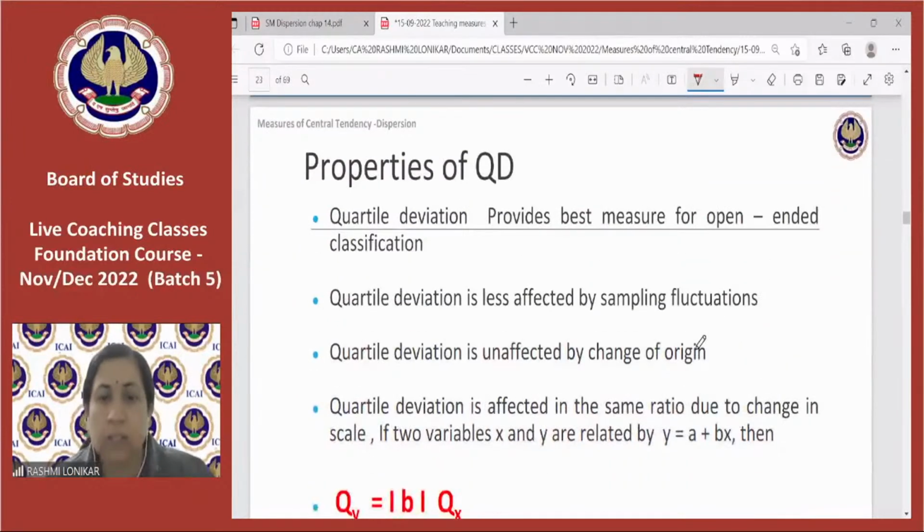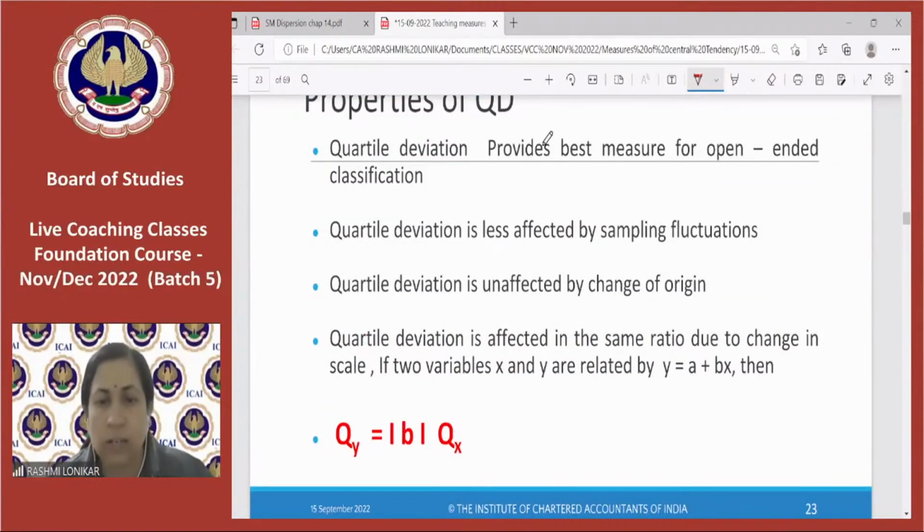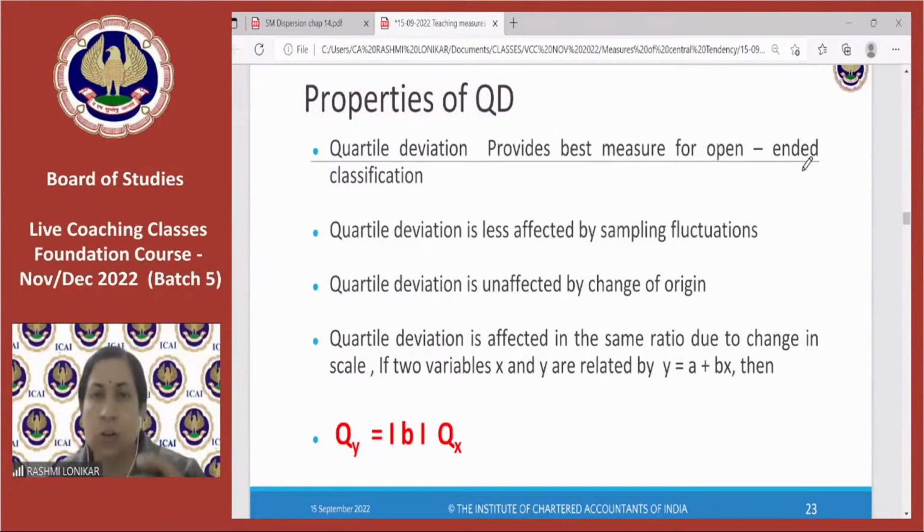What are the properties of quartile deviation? Quartile deviation provides the best measure for open-ended classification. How it does that is because we are not considering the lower values and we are not considering the upper values. We are considering only Q1 to Q3.